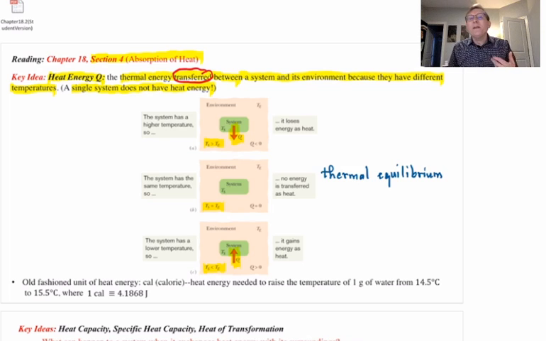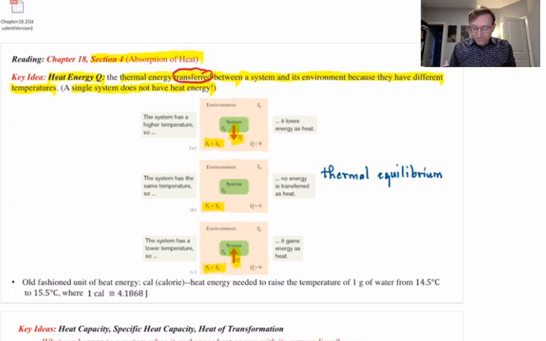Here an example might be a block of iron that had been in a freezer, a very cold cooling device, for a while, and then is put into a regular room at room temperature. Now the temperature of the system is less than the temperature of the environment, and the direction of energy transfer is out of the environment and into the system.